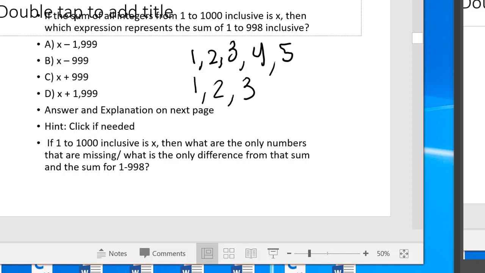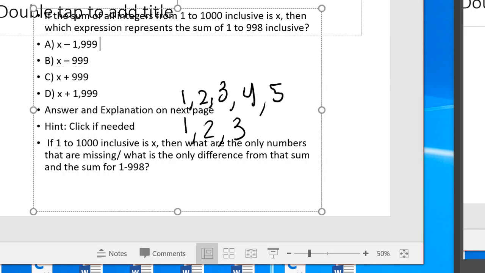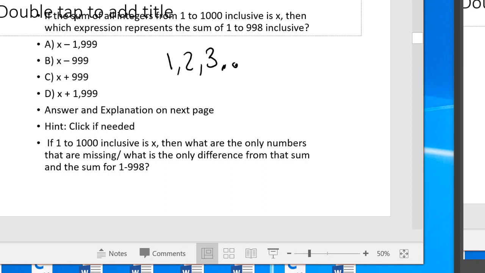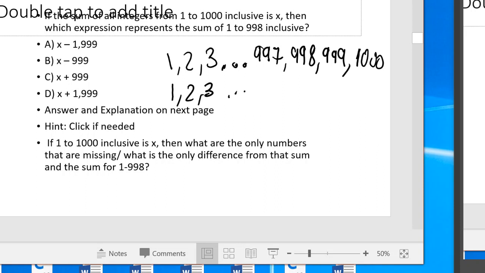And for those of you who might be watching online, this is what everybody else is seeing on their screen: 1, 2, 3, ... 997, 998, 999, 1000. So I have 1, 2, 3, and in the second set I only have 997 and 998.